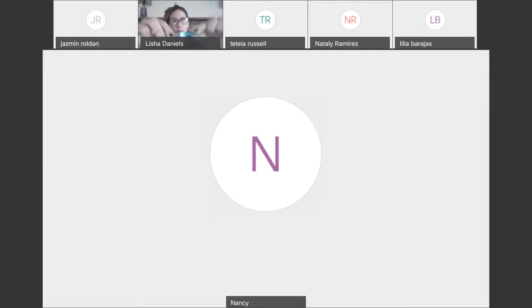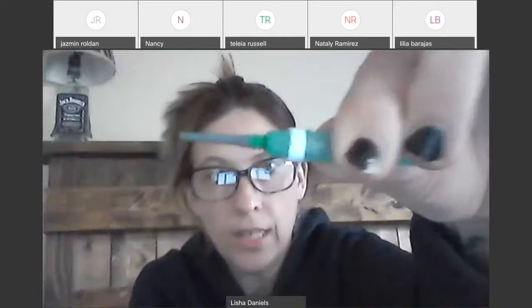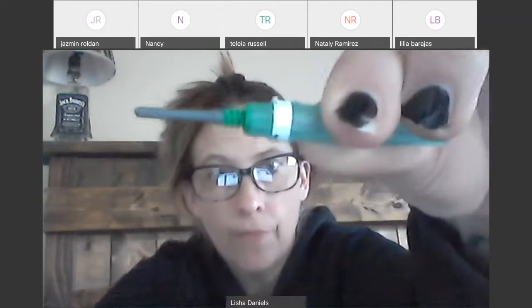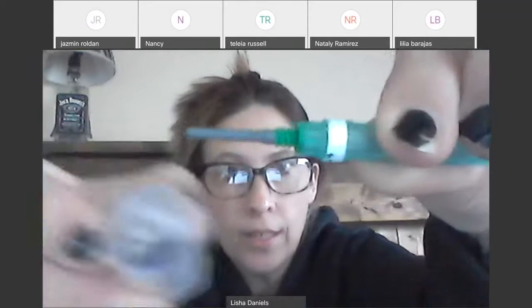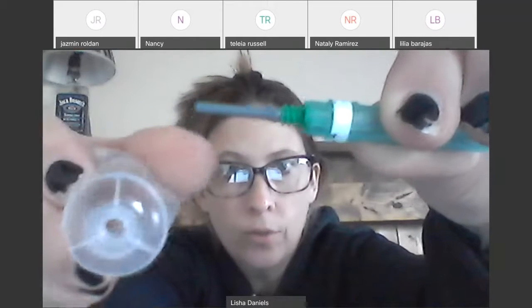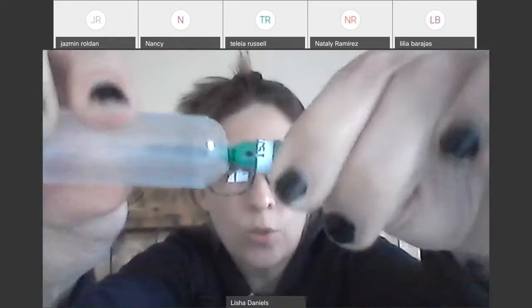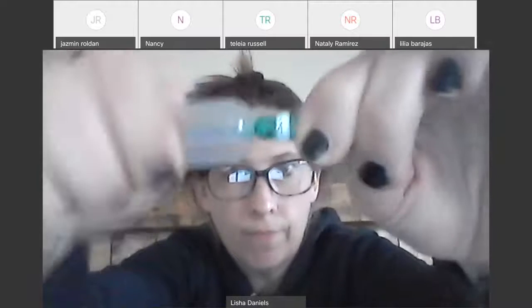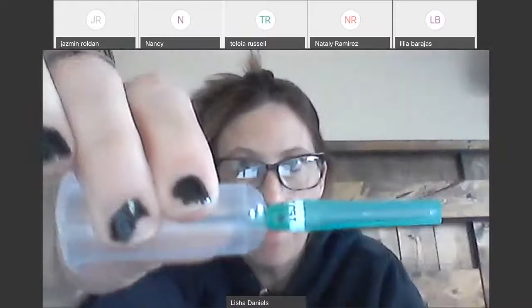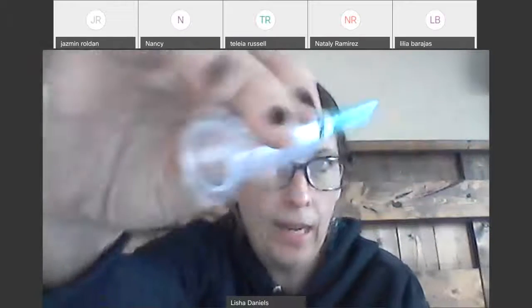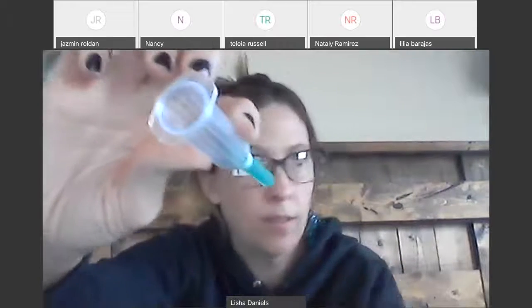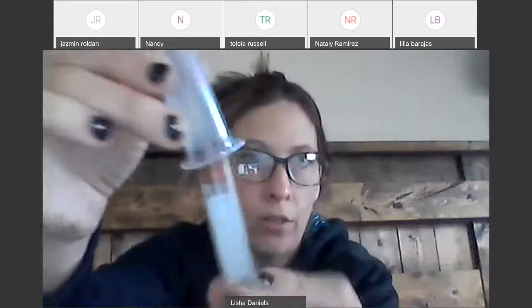So I twist it open, and y'all see how it's rubber? There is a little hole indentation at the top, and it screws on, right? Like that.